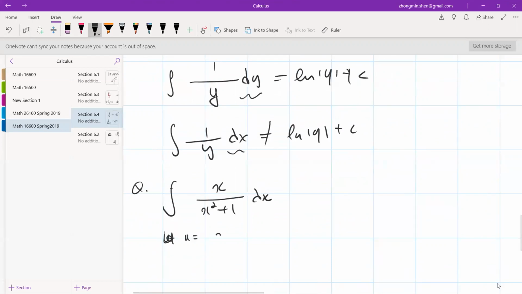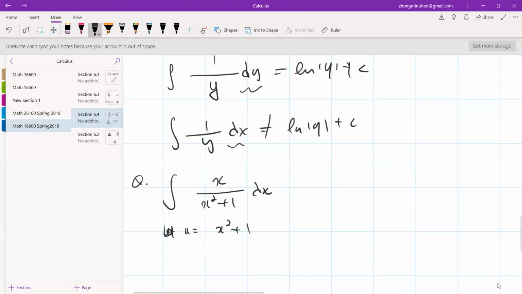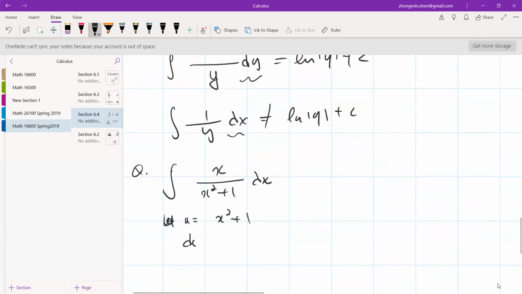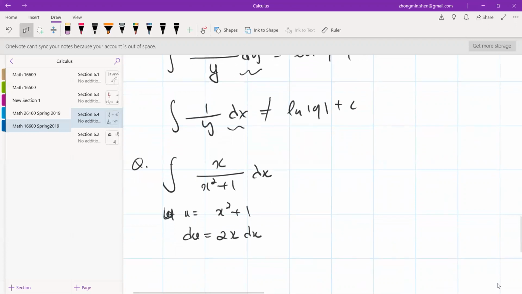Let u be x squared plus 1. Then du is going to be 2x, the derivative of x squared plus 1, times dx. So this part, x dx, is still going to be half of du.